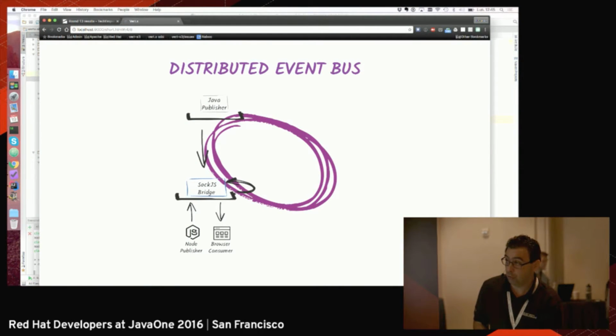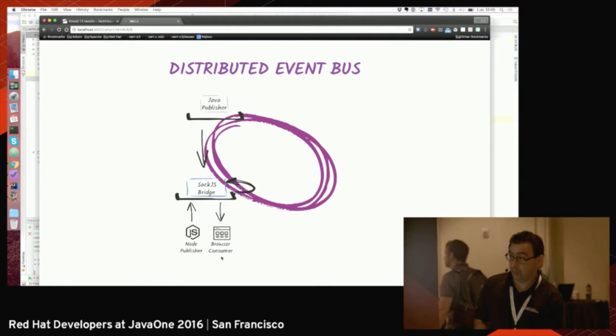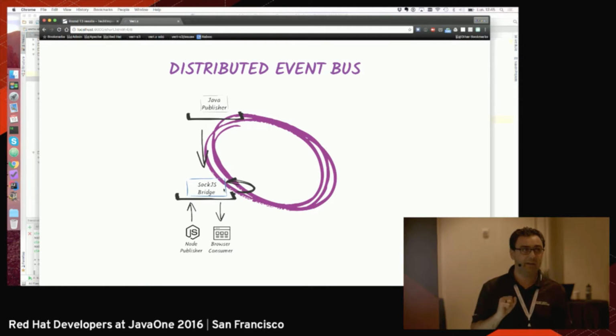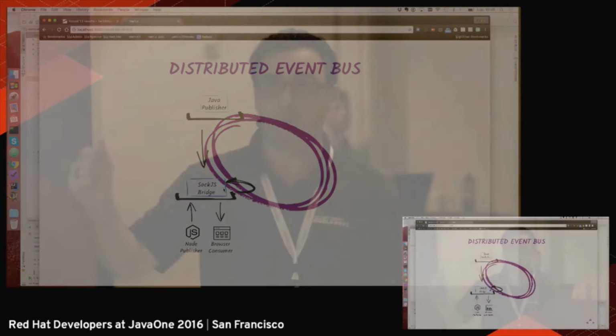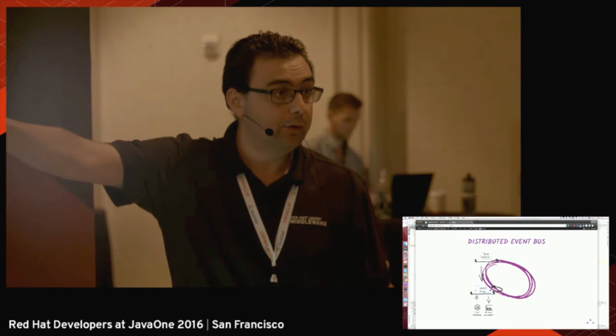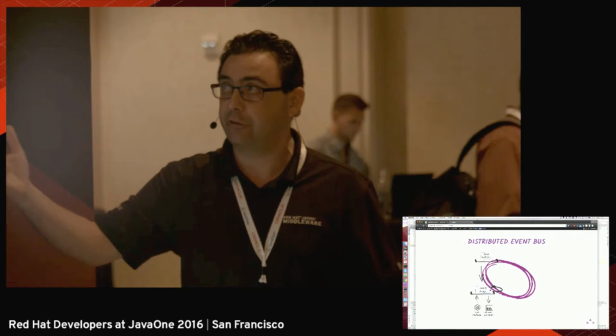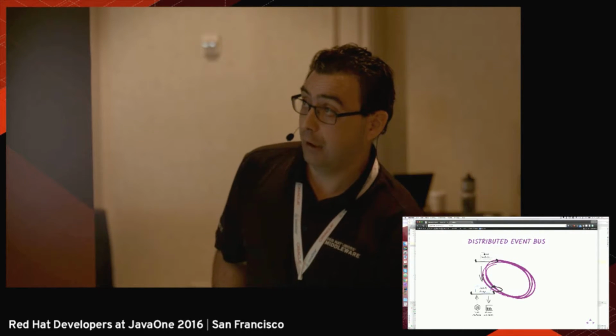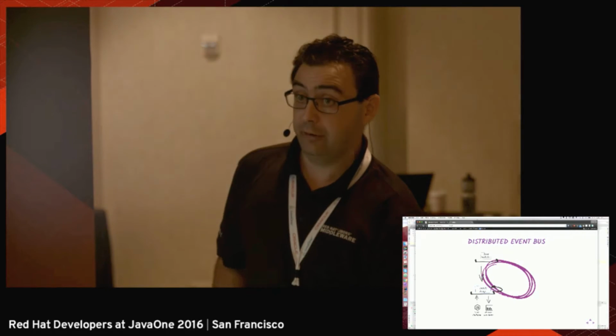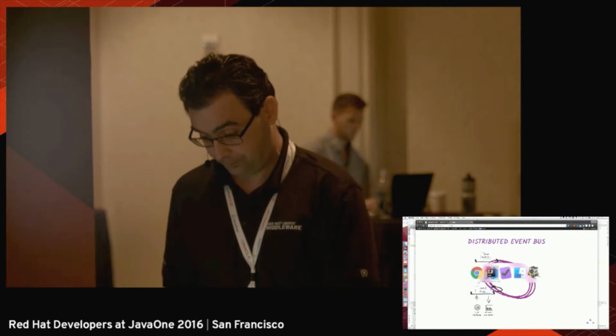So my Node publisher connects to this bridge and sends an event. The bridge sends this event to the event bus, which comes back to the SockJS bridge because my browser here has also registered on this bridge to say, well, I'm interested in this address. And when you get an event on this address, send it to me. So it uses WebSocket in both cases here because Node.js is really good at WebSockets, and I'm using Chrome, so it has WebSockets too. And my Java publisher here, actually, is just sending messages on the event bus, as we've seen in the API.